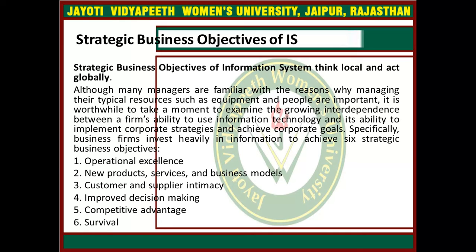There are basically 6 strategic business objectives which we have to follow in the business. First is operational excellence, then new products, services and business models, customer and supplier intimacy, improved decision making, competitive advantage, survival.